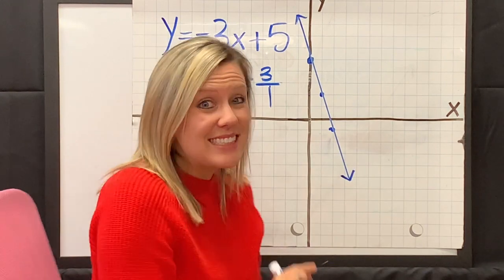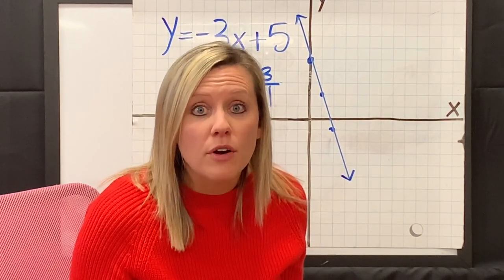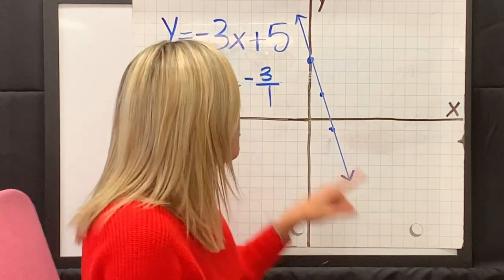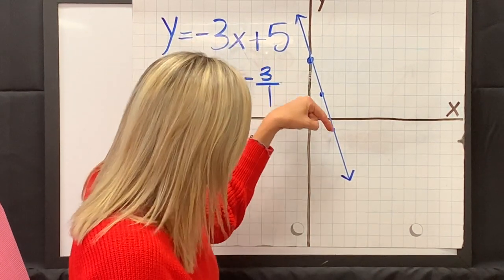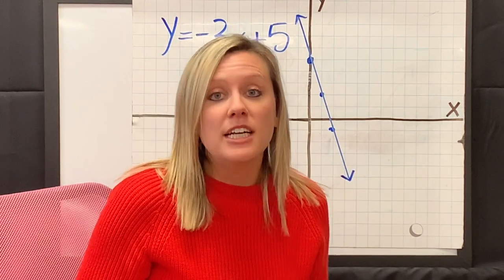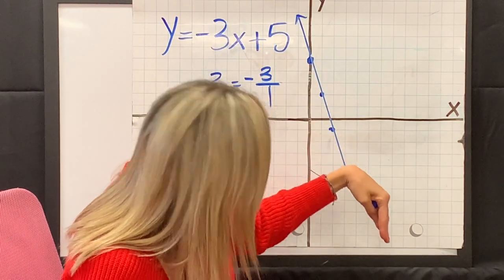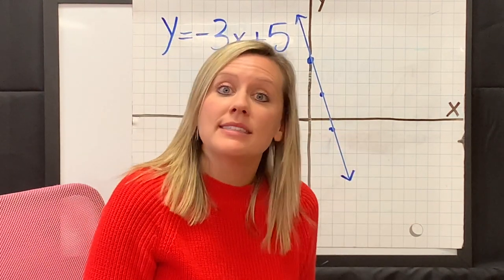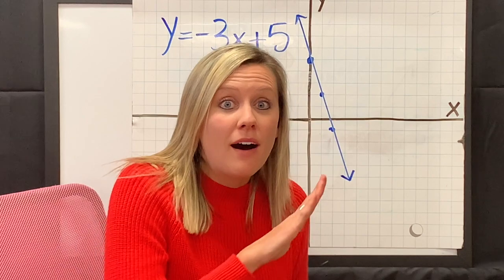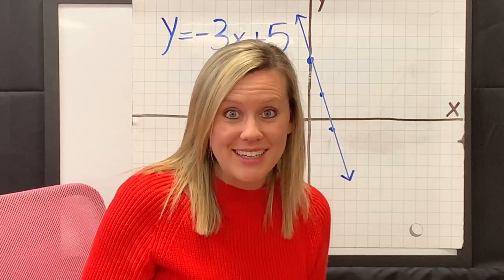If I continue the pattern of spending $3 every hour when I only started off with $5, I am just going to keep going down, down, down in debt. So this line has a negative slope going down, whereas the last one we did had a positive slope and I was going up. Let's keep going.